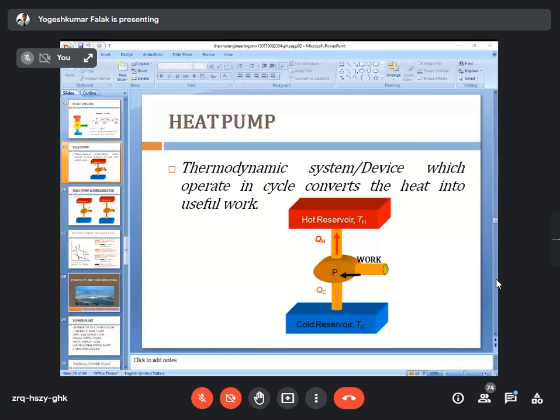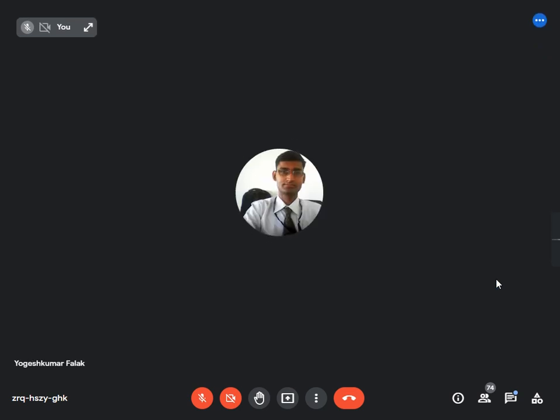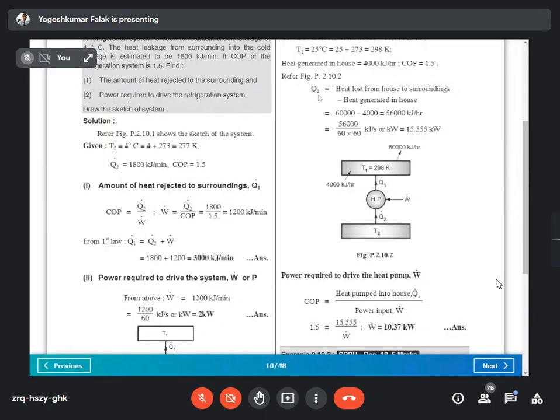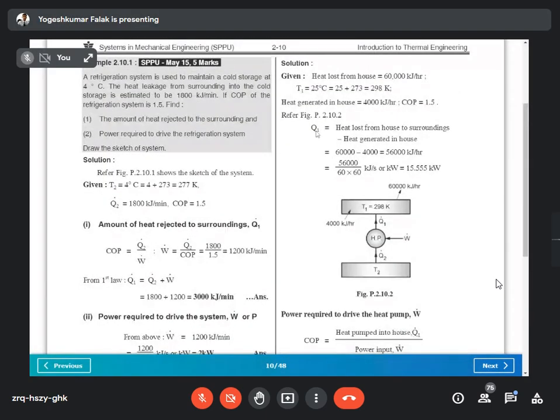I am changing the screen to all of you. So here write in this according to this diagram. For the calculation of this Q1, heat loss from the house to the surrounding minus heat generated in the house.